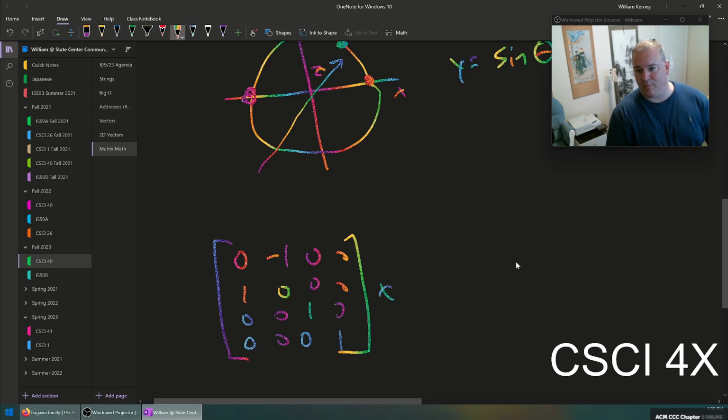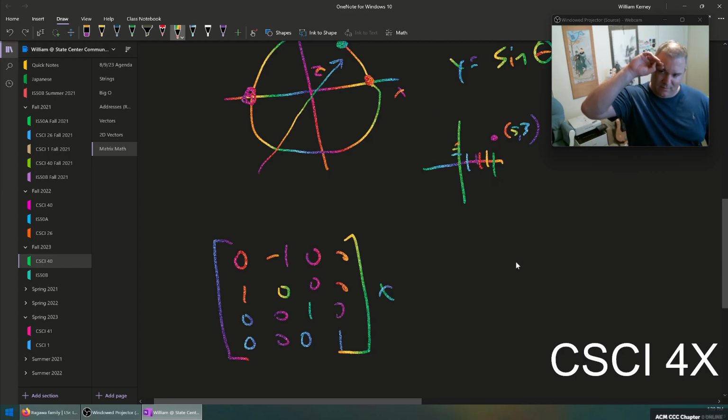So if we have the point 5, 3 here, we're going to rotate it 90 degrees counterclockwise or clockwise. Let's find out which way it is. I don't remember off the top of my head. Let's find out where it ends up with this transformation matrix.